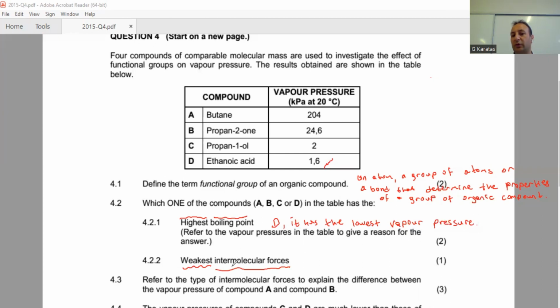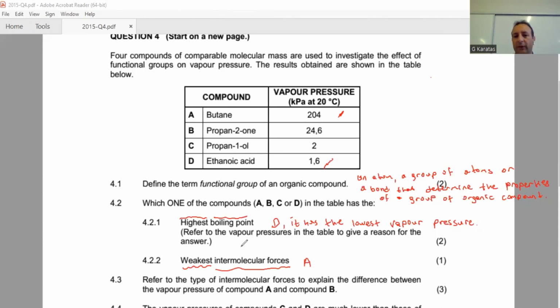That means the stronger the intermolecular force, the lower the vapor pressure, or on the other side, the weaker the intermolecular force, the higher the vapor pressure. To get the weakest intermolecular force, we need to find the lowest boiling point, highest vapor pressure, which is compound A. So the answer is A. It doesn't ask for a reason. If it asks, then we could say compound A has the highest vapor pressure.